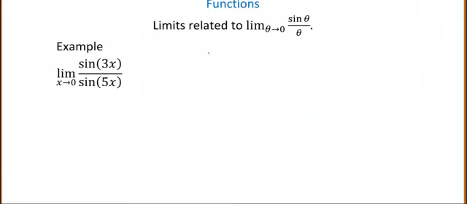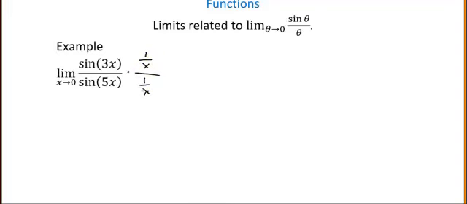Let's take a look at one more limit here. We'll use the limit from above. This is the limit as x approaches 0 of sine of 3x over sine of 5x. What I'm going to do with this limit is multiply the top and bottom by 1 over x.